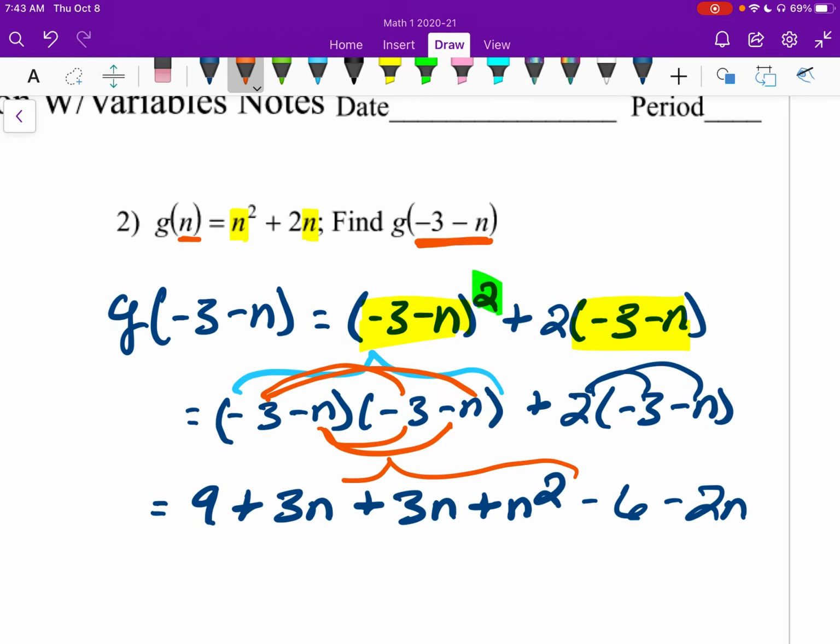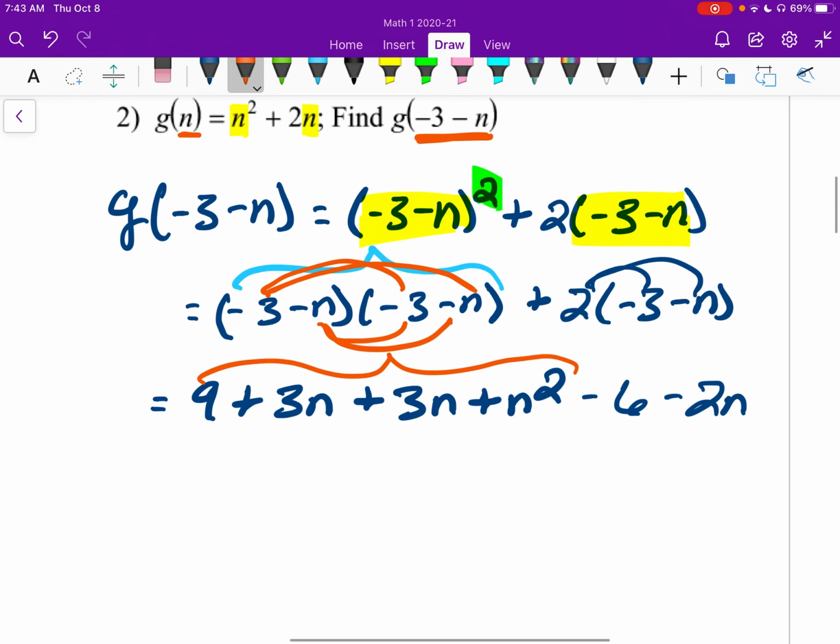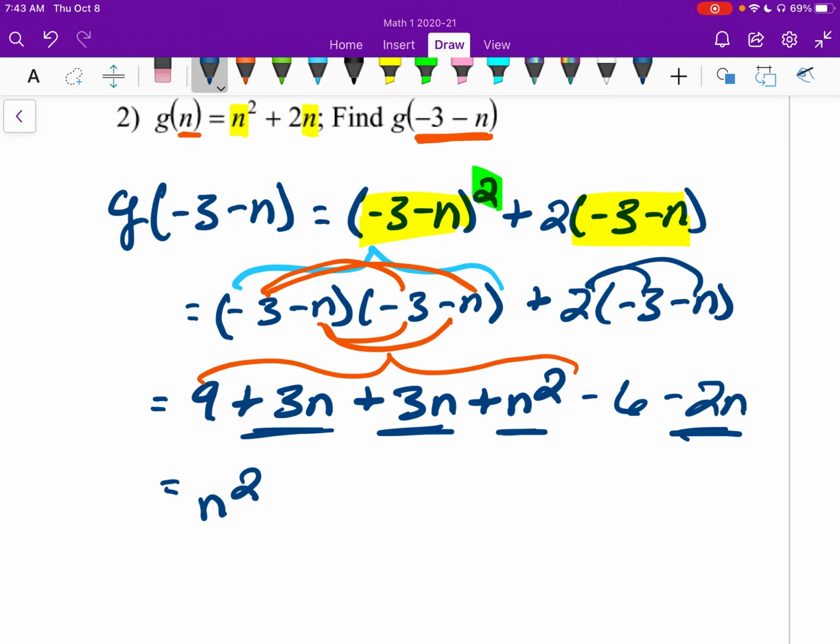So all of these came from that guy up there. Now I just combine like terms, and I'm going to put them in order of highest exponent to littlest exponent. That's just the normal way to do it. I'm going to start off with my n squared, and then look for my n's. I have 3 plus 3 is 6, minus 2 is 4, so plus 4n.